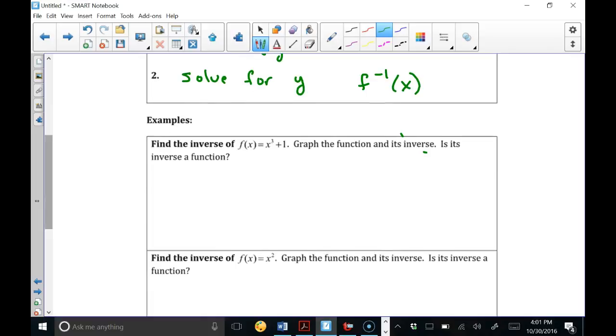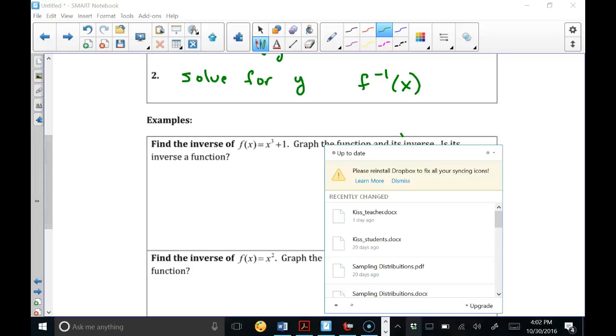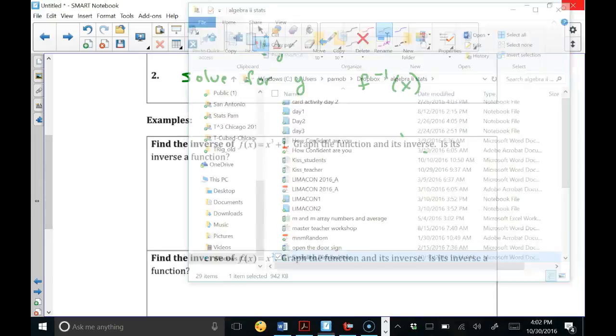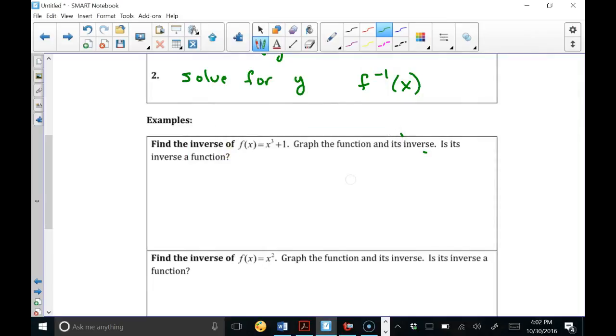So if you look here at our first example, f of x equals x cubed plus 1. F of x is a fancy word for y. So if I want to form the inverse, I'm going to switch x and y, so it'll be x equals y cubed plus 1.